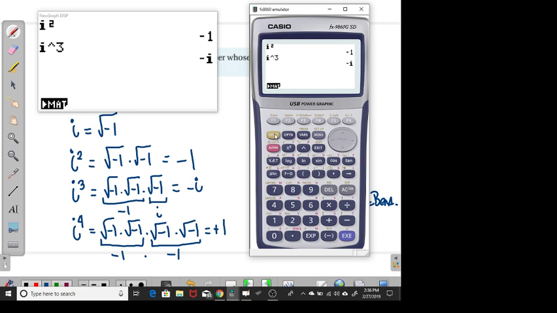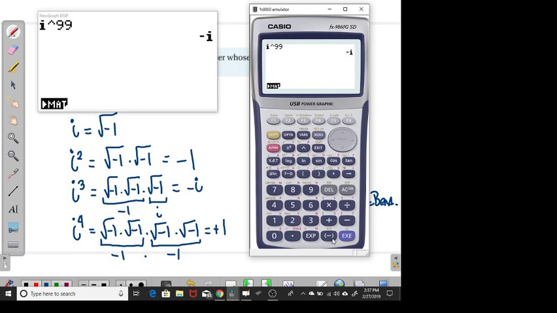So you can go i to the power of 4. It's 1. By the way, in the regions, sometimes they ask what is i to the power of 99? -i.